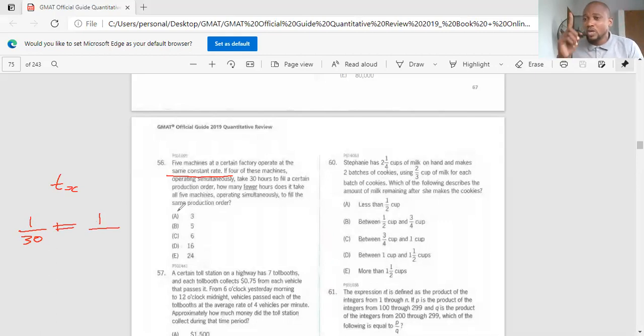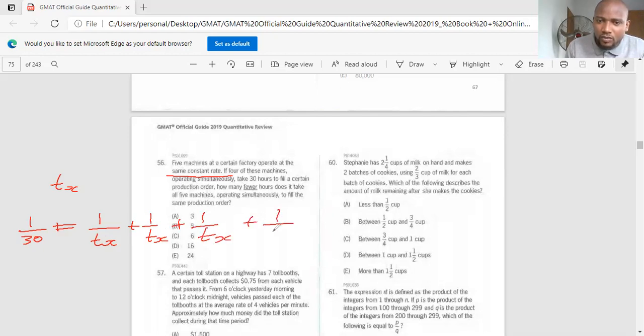Our aim is to know the time it takes 1 machine. So that's going to be 1 all over Tx plus 1 all over Tx plus 1 all over Tx plus 1 all over Tx, Tx standing for the time it takes 1 machine to do the job.